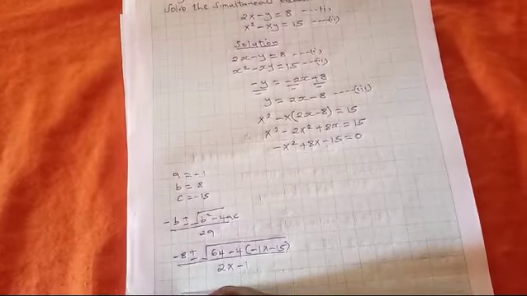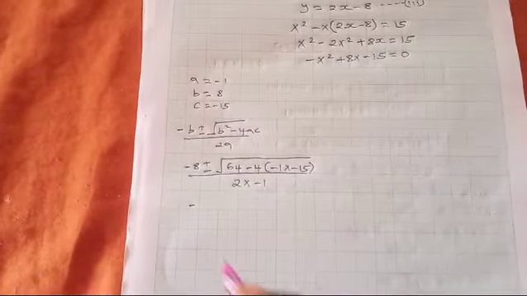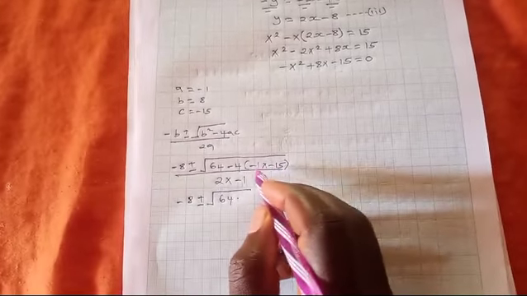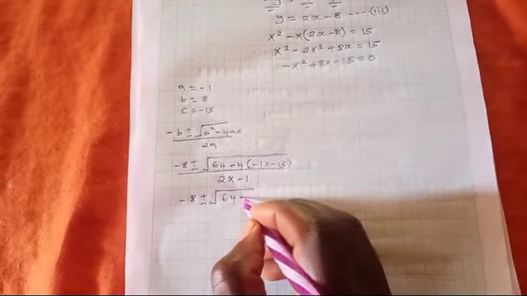So we are going to have here negative 8 plus or minus the square root of 64 minus 60.